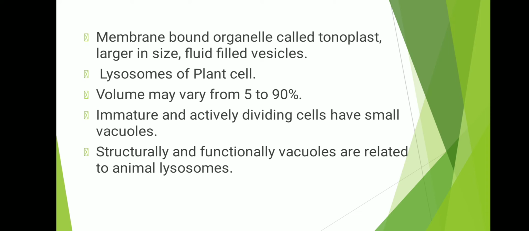As I said, they contain many hydrolytic enzymes. It has been observed that the vacuoles are structurally and functionally related to the lysosomes seen in animal cells due to their wide range of hydrolytic enzymes.